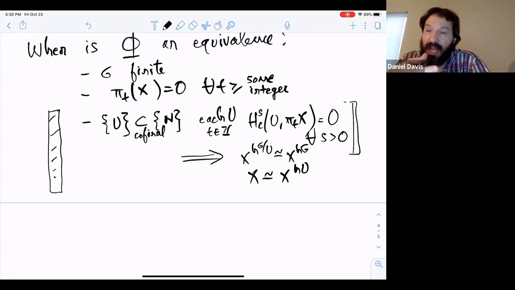Then the induced action on the stable homotopy groups is trivial, and so you can just give it the discrete topology and regard it as a discrete G-module. So just for free, it has the discrete topology.